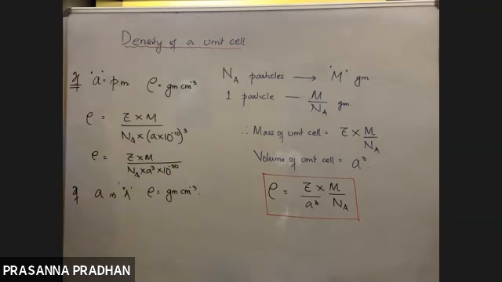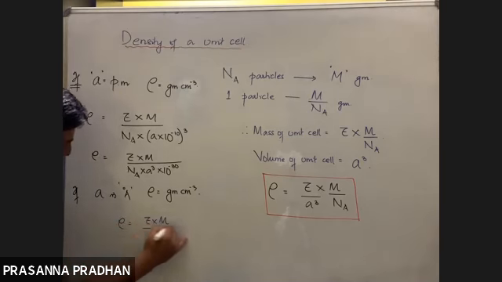Very good, excellent. Rho equals Z into M divided by A cube into 10 to the power of -24, right?